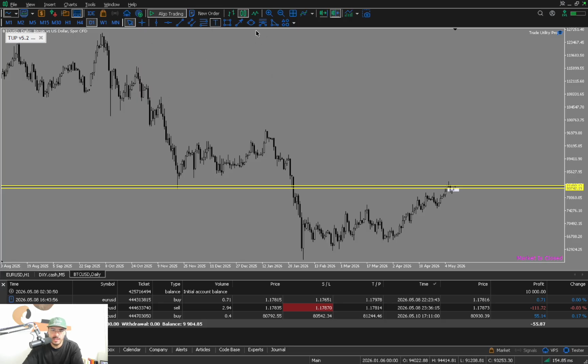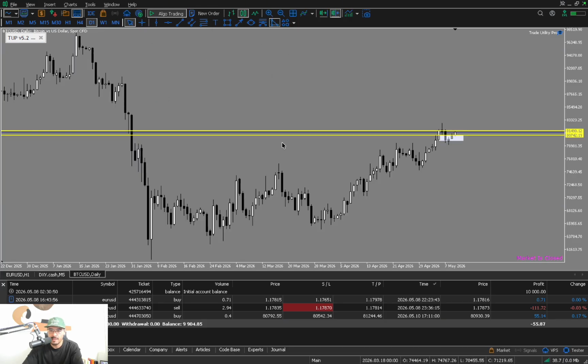So I zoomed in, and I decided, okay, I'm gonna be a bull with Bitcoin for this trade, and I'm gonna start marking my levels.